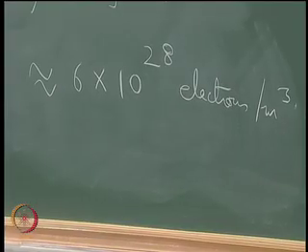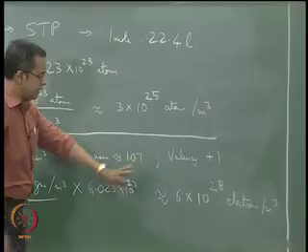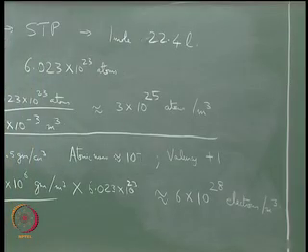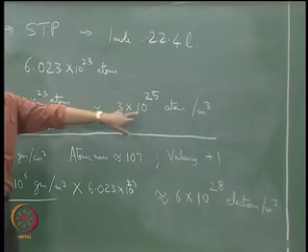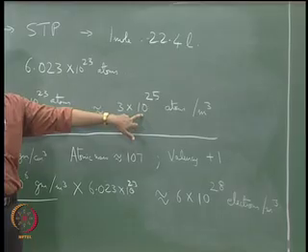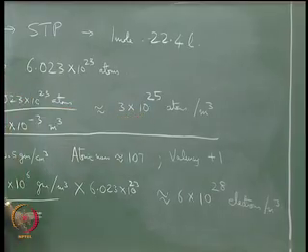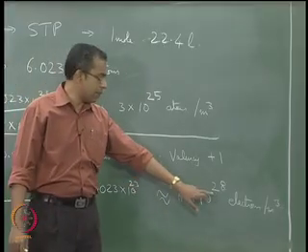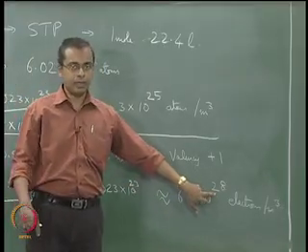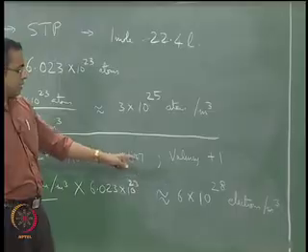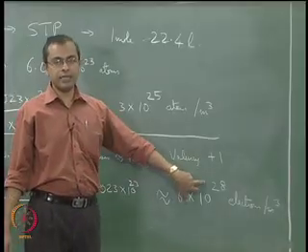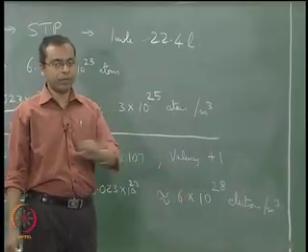So if we do not worry about the 6 and 3, essentially we see that in an ideal gas we have about 10 power 25 entities, in this case atoms, per meter cube, and in a solid we have 10 power 28 electrons per meter cube. In other words, there is a 3 orders of magnitude increase in the number of particles per meter cube.